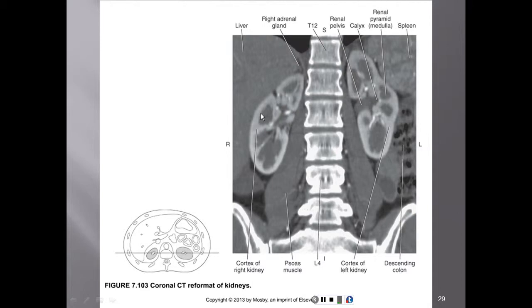Again, it's the nephrographic phase. They lay right lateral to the psoas muscles. You have the calyces. Again, that's the cortex, and the calyces, the renal pyramids, would be the medulla. Picture of the right adrenal gland that sits superior to the kidneys.